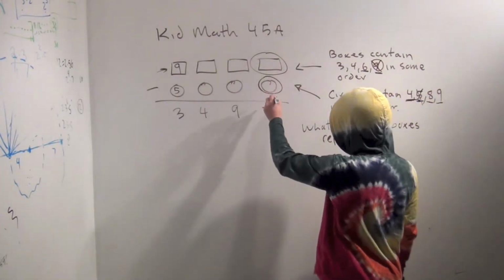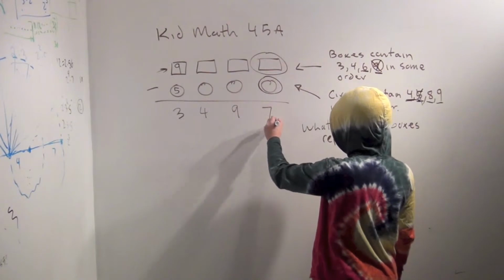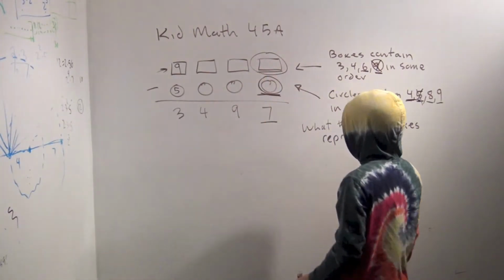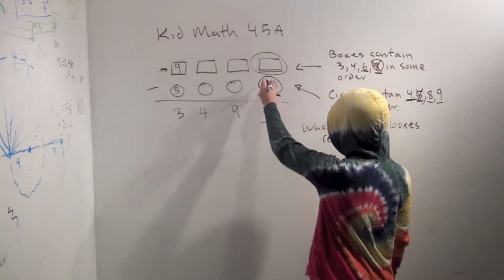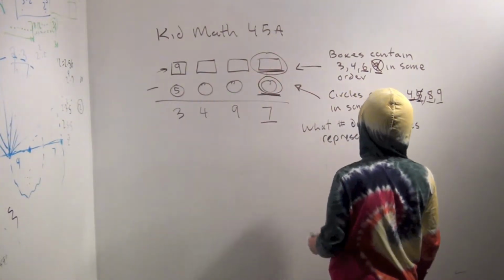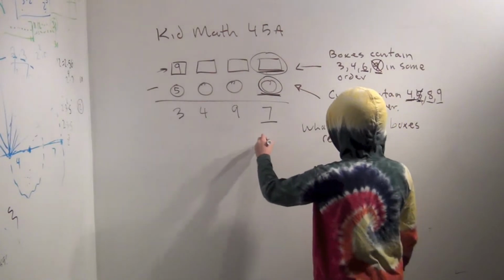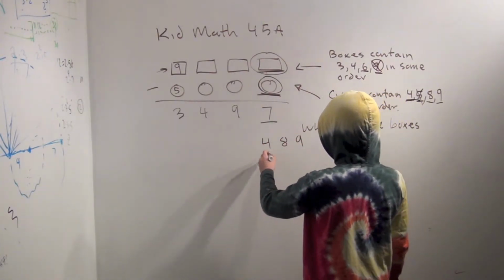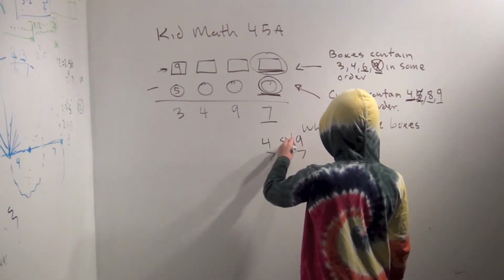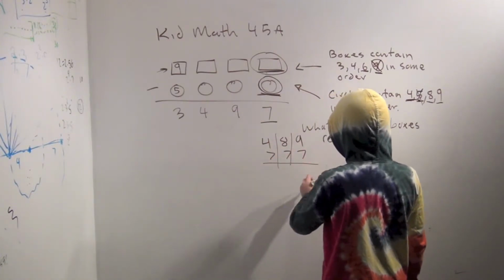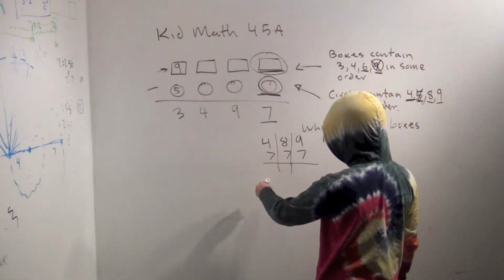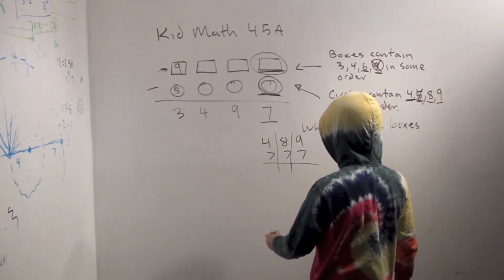Something minus something ends in a 7, which means that 7 plus the bottom digit gives the last digit on top. So we have 4, 8, and 9, and we have to add 7 and see the last digit of what we get.